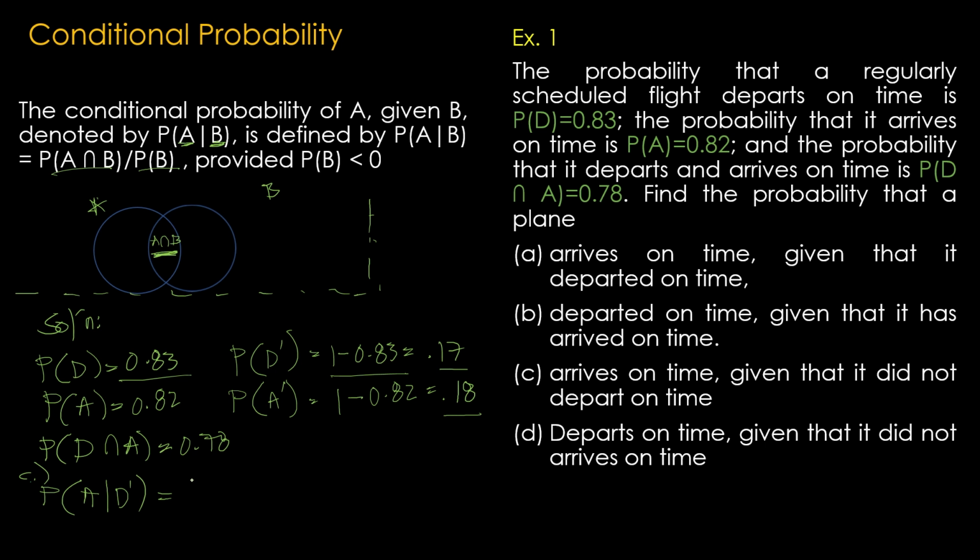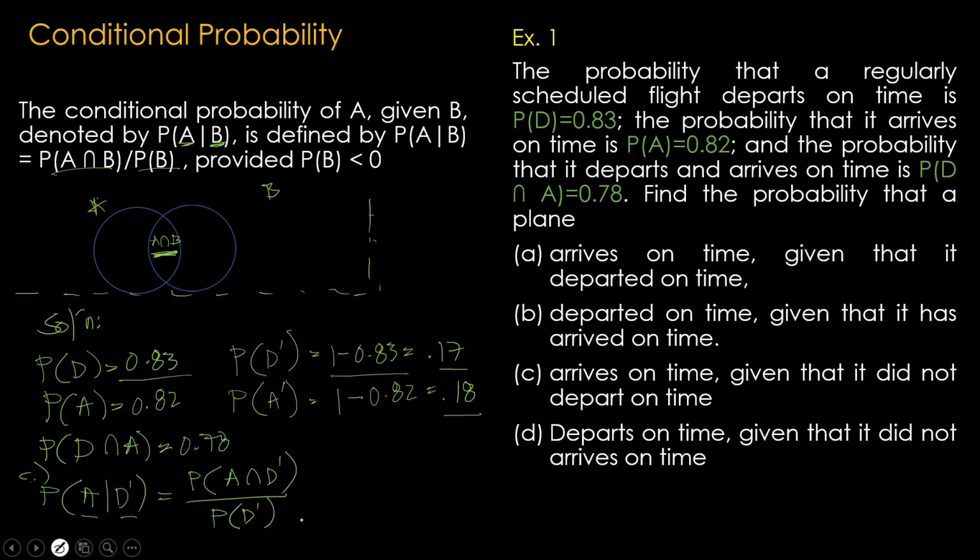This will be equal to the probability of the intersection of A and D prime divided by the probability of D prime. That's why we determined first the probability of D prime. So, what is the probability that it will arrive on time given that it did not depart on time?